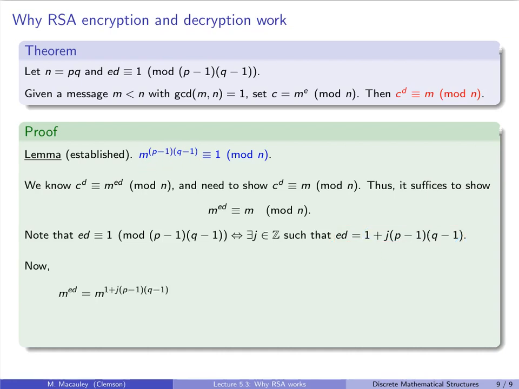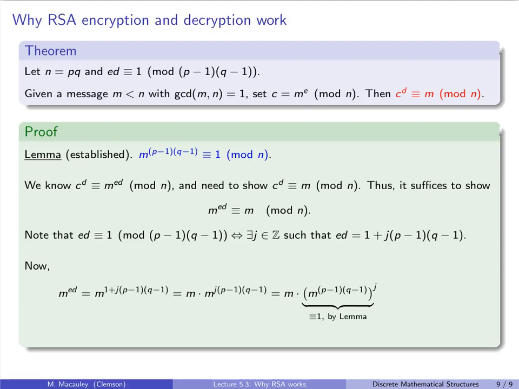Now we just use laws of exponents. We can write this as M times M to the j(p minus 1)(q minus 1). You see where I'm going with this? That last part is going to be equivalent to 1 mod n.